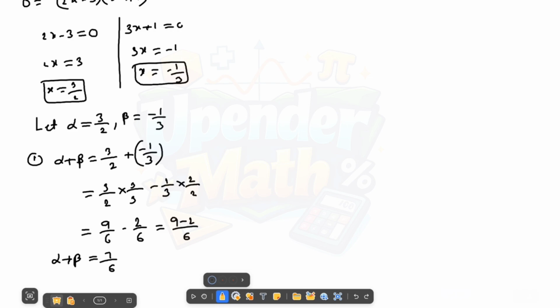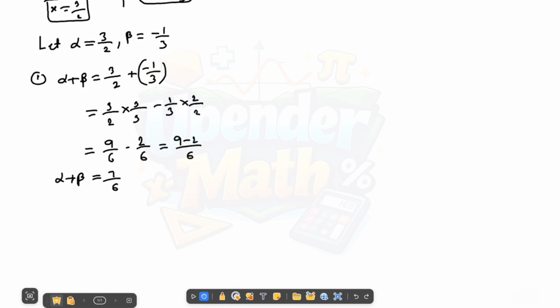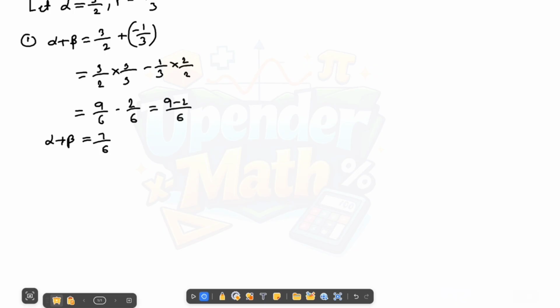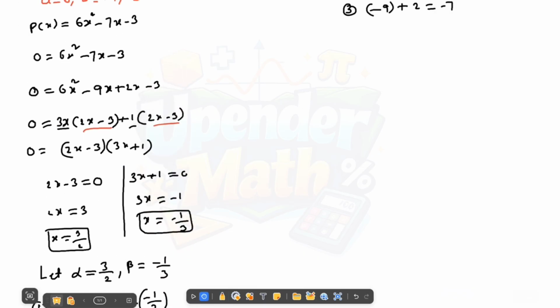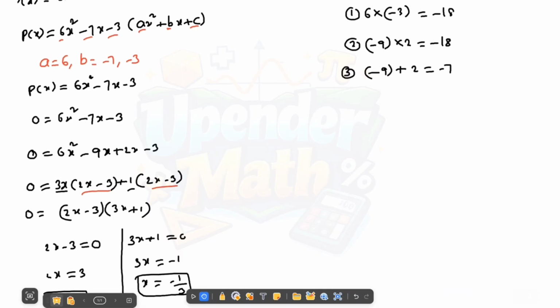Next, minus b by a. So what is the value of minus b by a? Let's see what b and a are. Yes, here b is minus 7, a is 6.